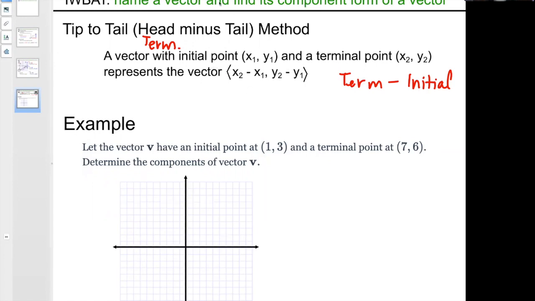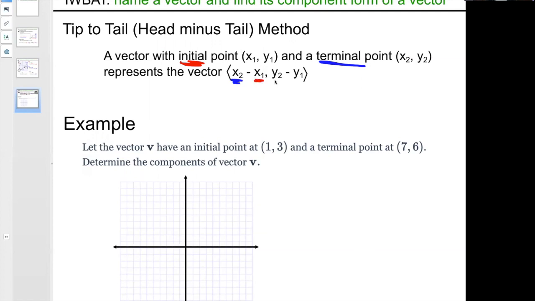So let me put some colors here. I'm gonna get rid of this actually. Okay, so let's go ahead and say the initial point is our red points, and then the terminal is our blue. So we're gonna take the terminal X value minus the initial X value.